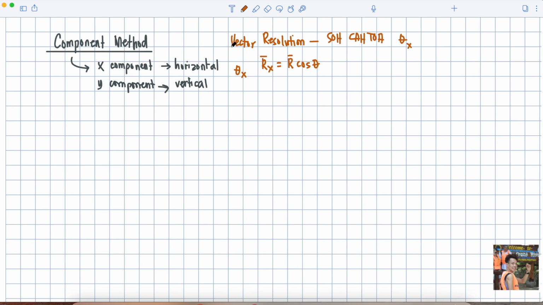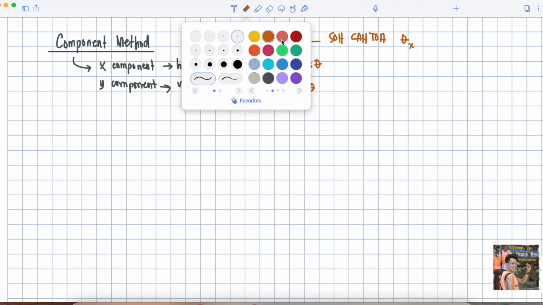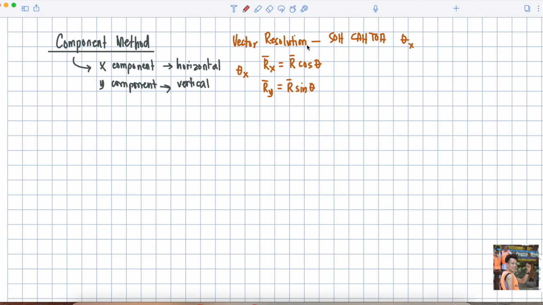Also, if the angle is measured along the x-axis, the y component Ry of a vector is computed by R sine theta. These equations are derived from the SOHCAHTOA, wherein cosine theta is equal to the adjacent side over the hypotenuse. Also, sine theta is equal to the opposite side over the hypotenuse.